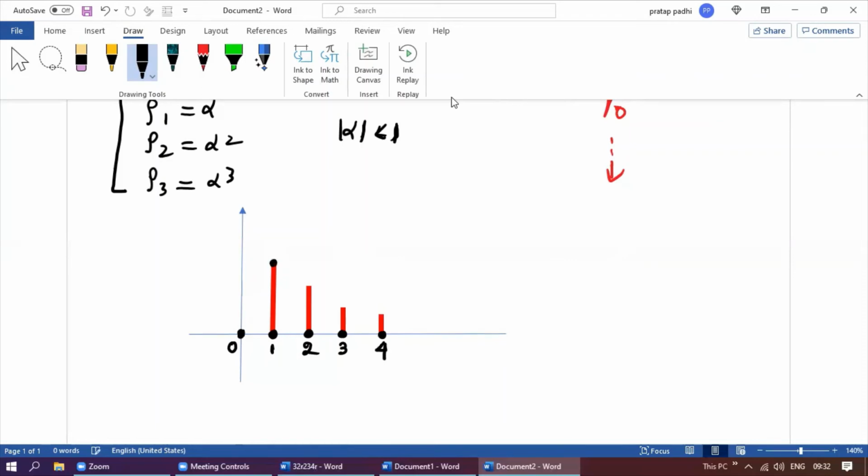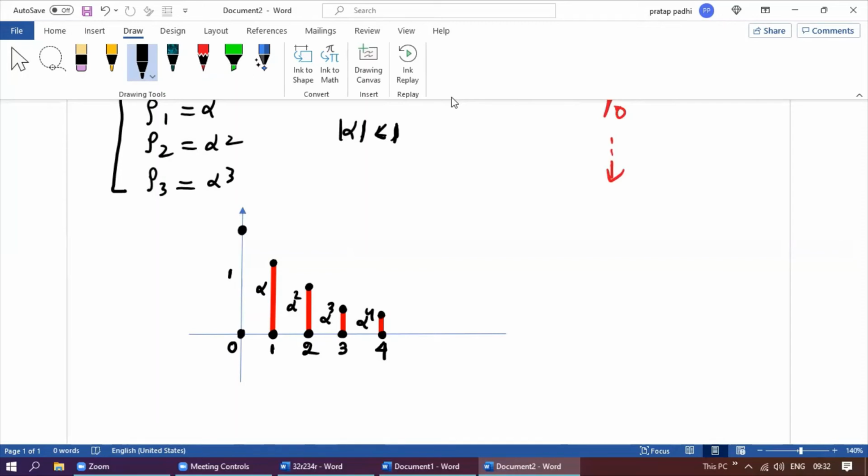This is alpha at time 0, suppose this is 1 here, this is alpha square, this is alpha power 3, this is alpha power 4. It's decaying exponentially.